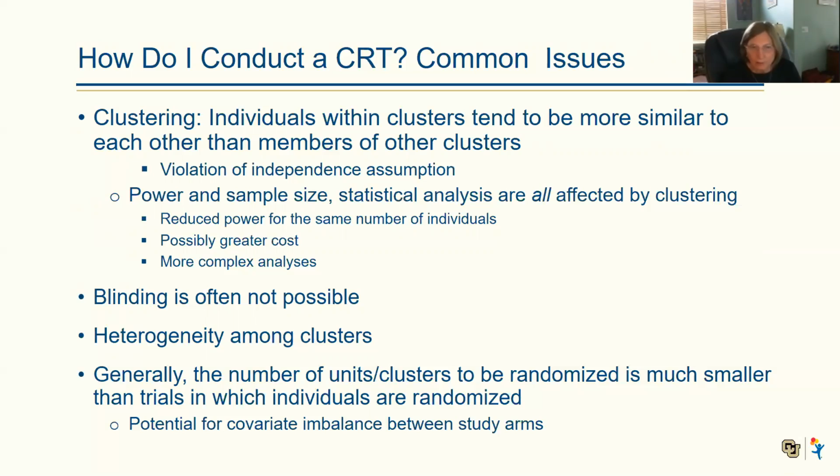Blinding is often not possible. Clusters can be very different from each other, so you could have a good bit of heterogeneity among the clusters. And then generally, the number of units or clusters to be randomized is much smaller than trials in which individual patients are randomized. So there's a high potential for a covariate imbalance between study arms.